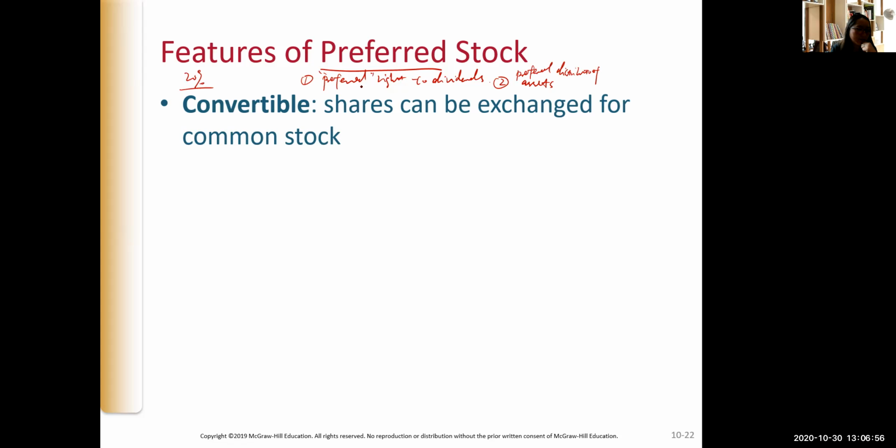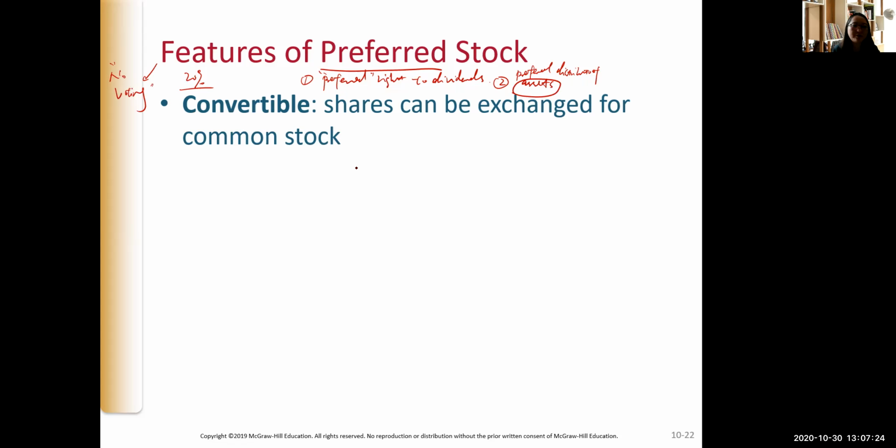However, unlike common stock, most preferred stock does not have voting rights. So this is another thing: no voting rights. That means if you want to be first in line when dividends are distributed, and at the same time first in line when the firm is dissolved and assets are distributed, then you have to give up your voting rights.